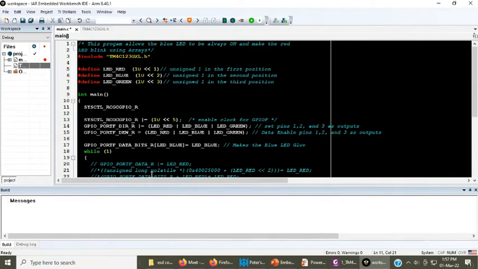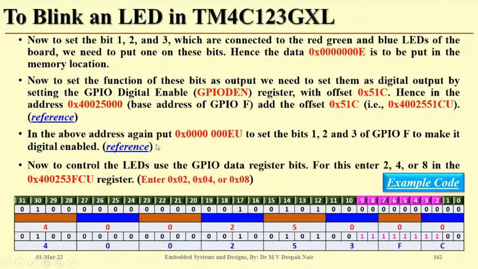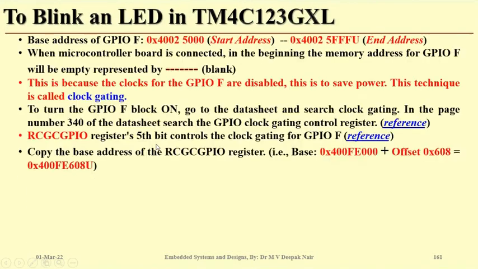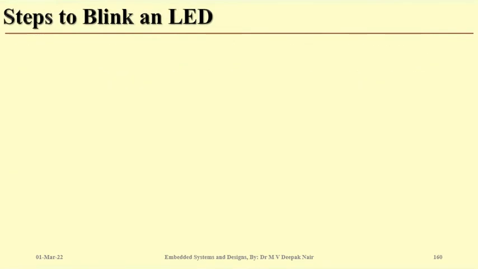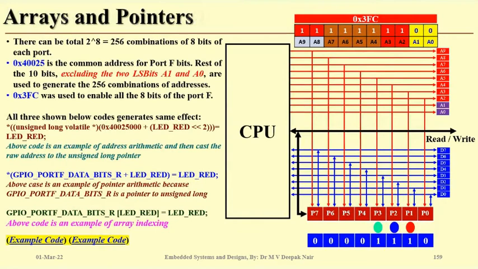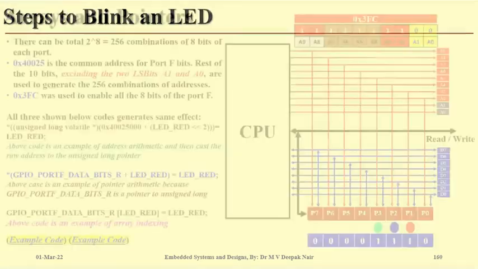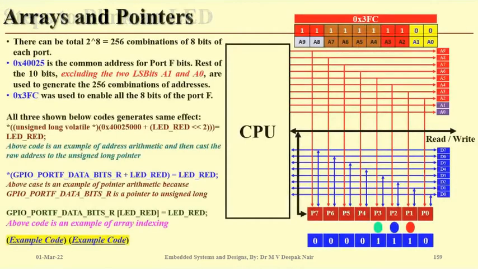And now we are using or equal to. Or equal to means you are using the masking approach using the OR technique. If you want to make a pin high or low, for that we have studied for making port F. Okay, to provide the clock for port F, we need to provide the clock to bit number 5.